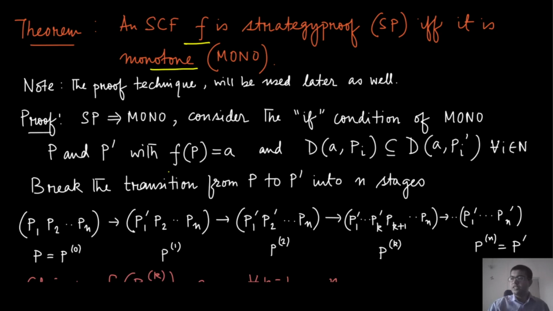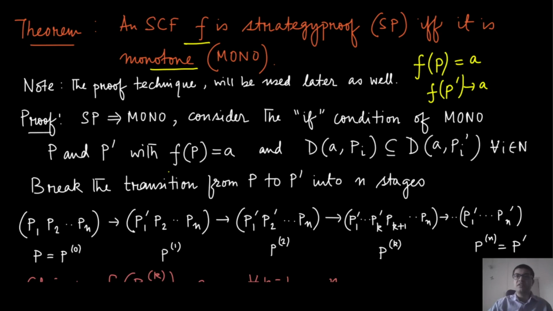It says that if you consider a particular preference profile, let's say P, and if the social choice outcome, that is the outcome of this function f, becomes A there, and if we consider another preference profile P prime where A's relative position has only become better, so whatever was below A in the earlier preference profile P continues to be below A even in the new preference profile P prime, then this monotonicity property says that the social choice outcome at that new profile must also be equal to A. So this is what we call monotonicity.